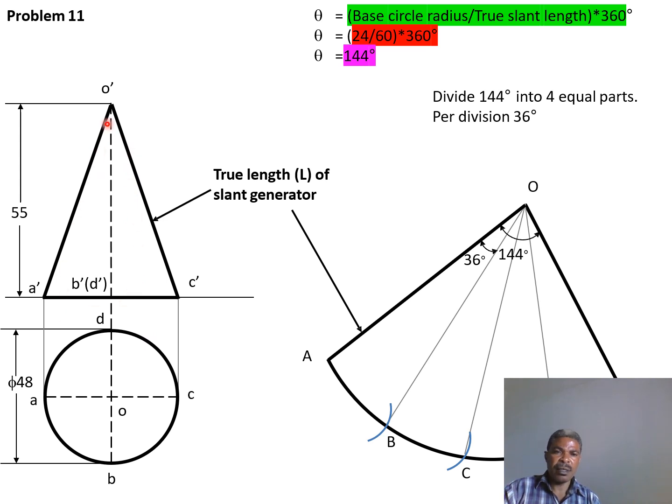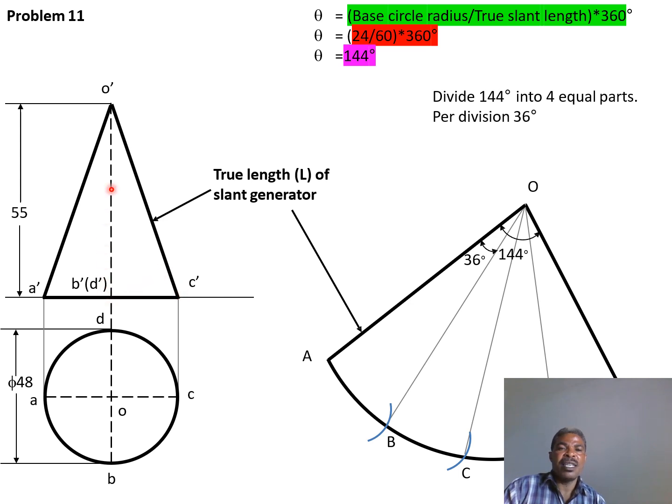Here is a cone, as we have said. We first of all draw the top view plan, and then you project it upwards, these points A to A dash, C to C dash. So this is the base for our cone.